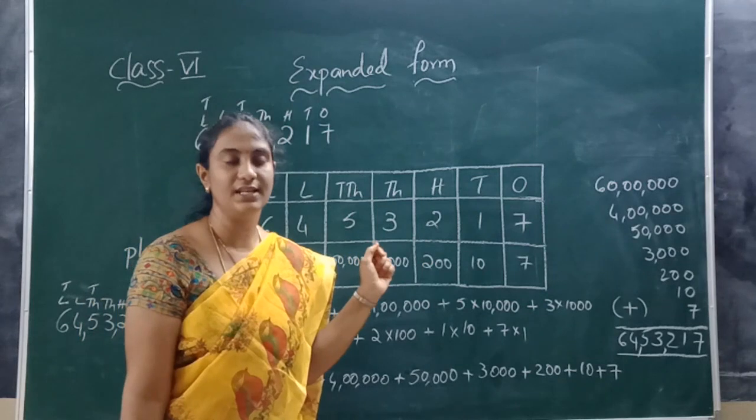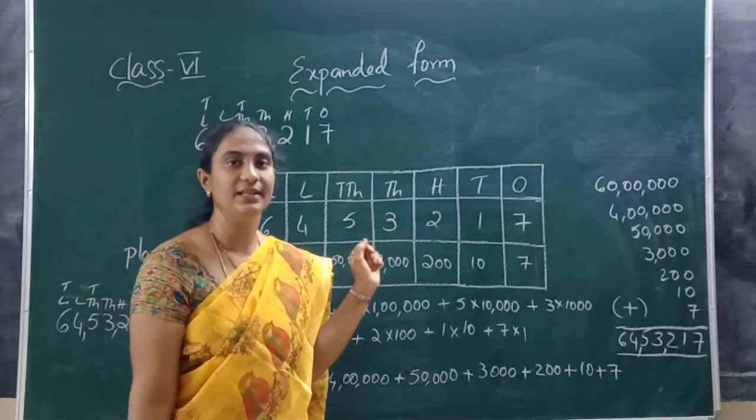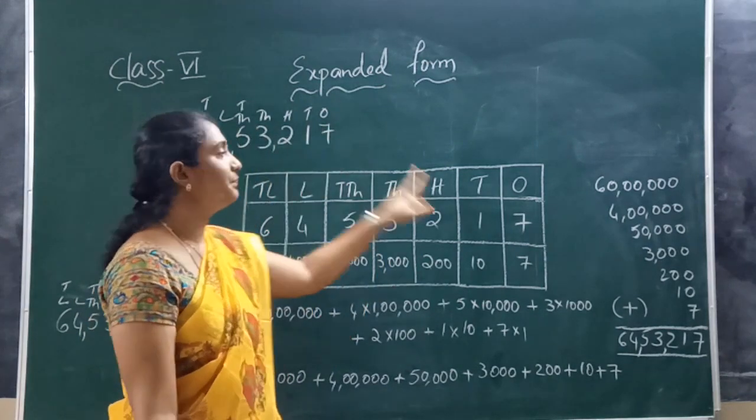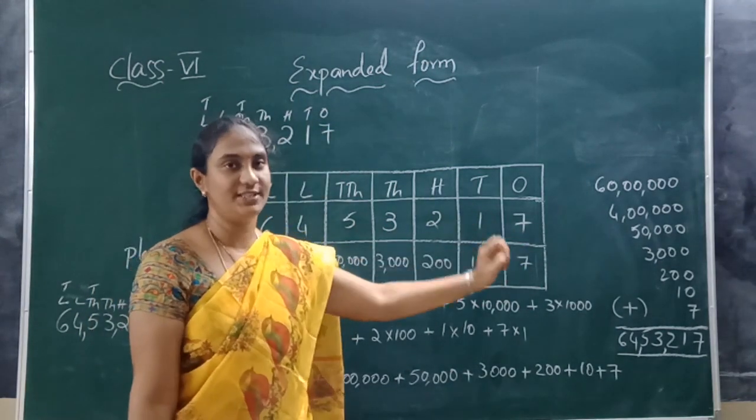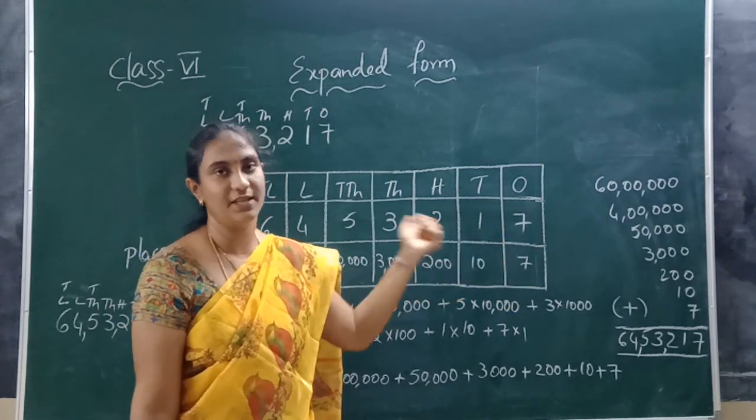Hundreds place. 1 is in which place? Tens place. 7 is in ones place, or units place.